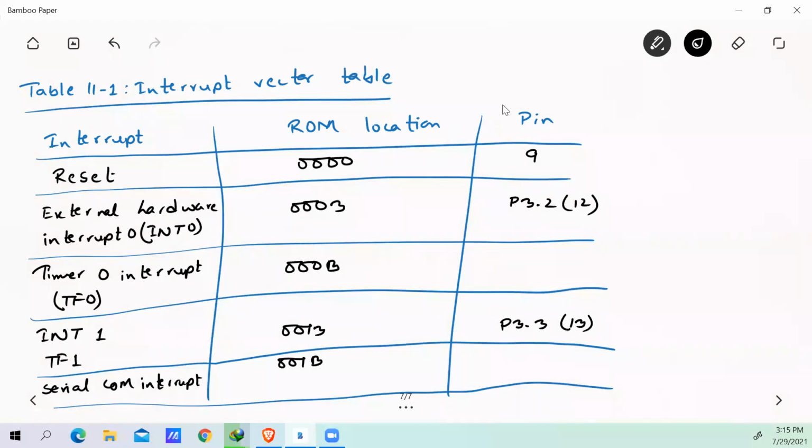So that's it. We have basically 6 interrupts. Wait, I made a mistake over here.